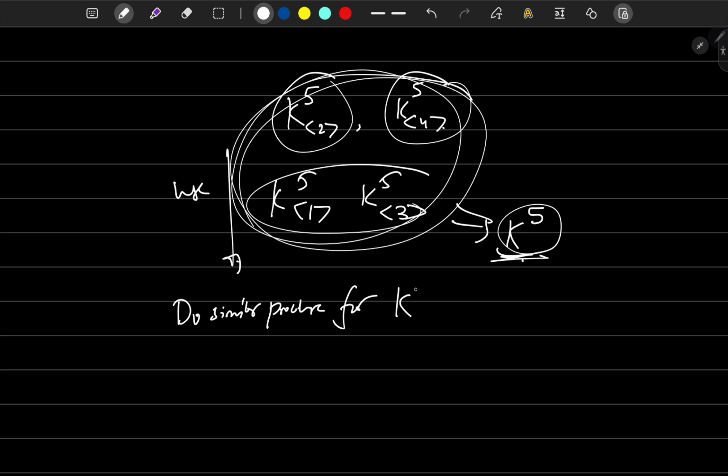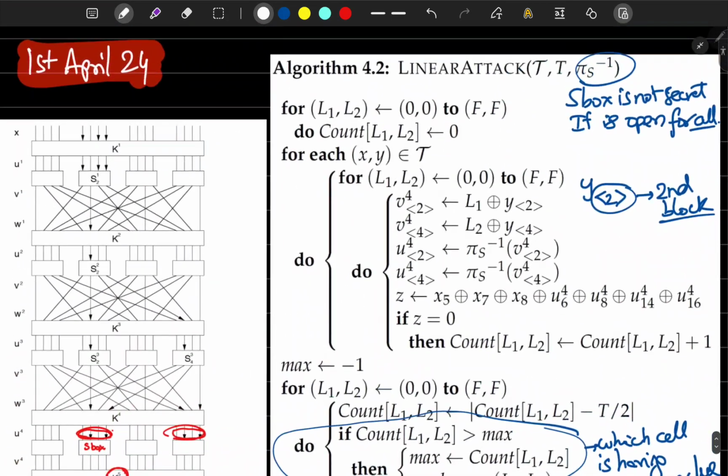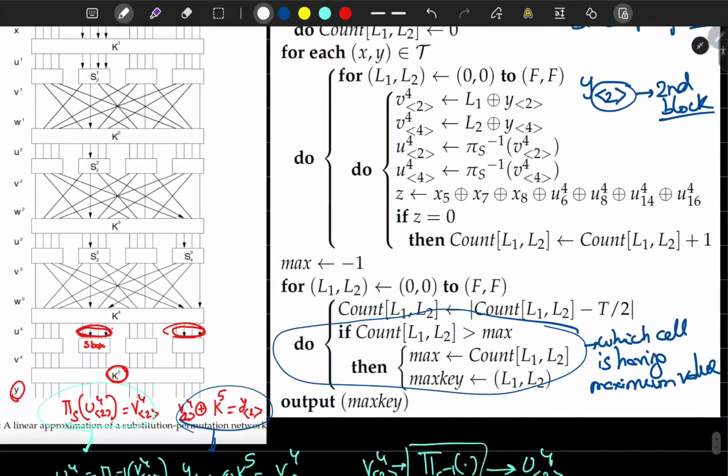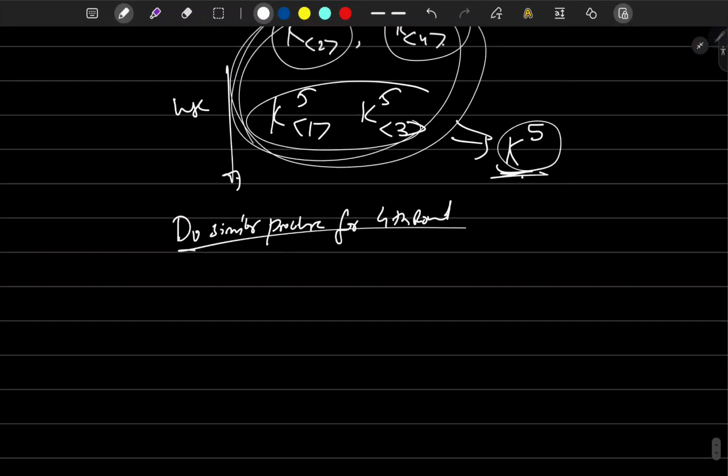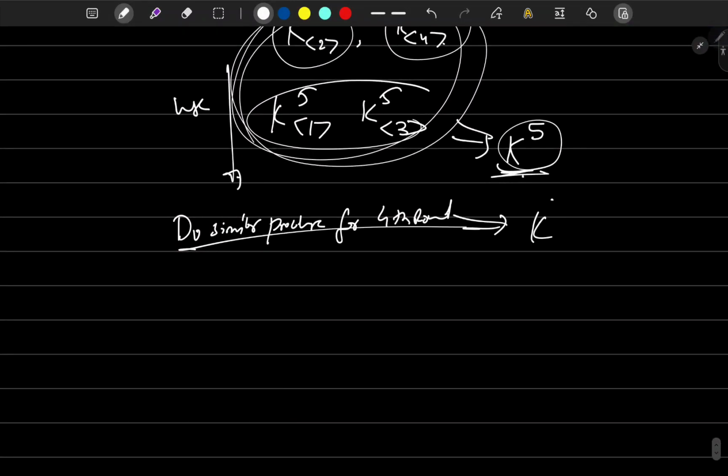Once you have K5, do this similar procedure for the fourth round. Once you know the value of K5, then you can exactly know the value, so similarly apply the procedure to K4.